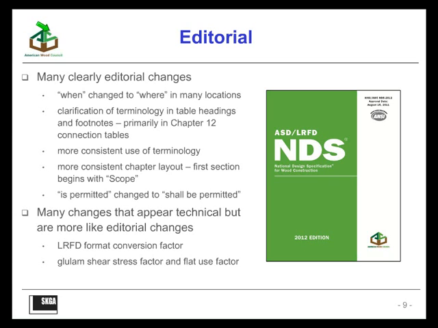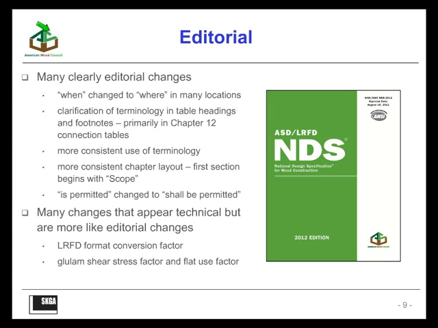Also, there's clarification of terminology throughout the standard. The primary benefit to the user, I believe, is in table headings and table footnotes. The table headings and footnotes now more clearly describe the information contained in the table and coordinate better with the text in the standard.